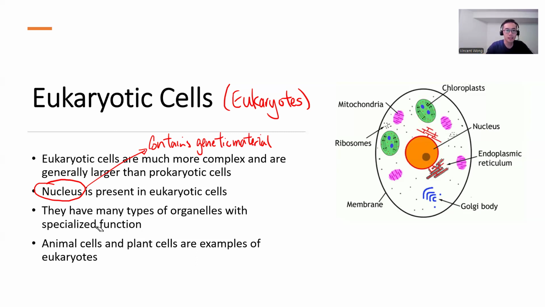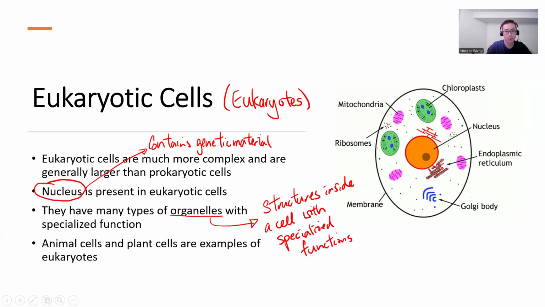In addition, eukaryotic cells have many types of organelles. Organelles are structures inside a cell with specialized functions.